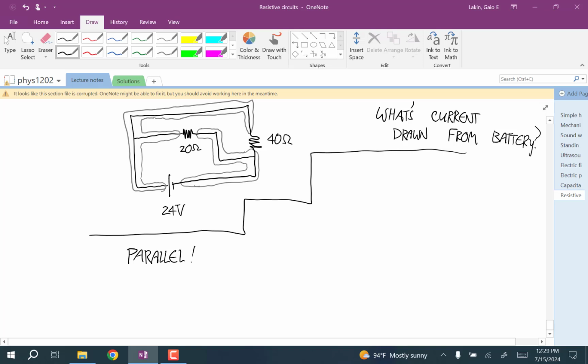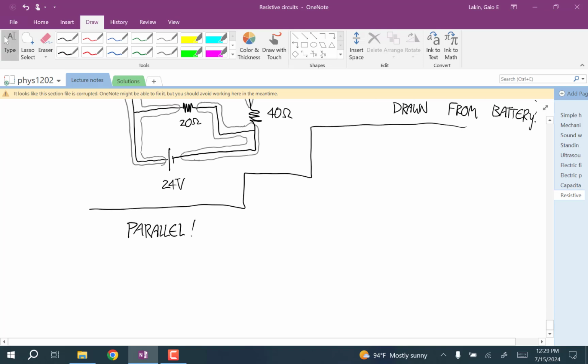Now we can replace these parallel resistors with a single equivalent resistor.